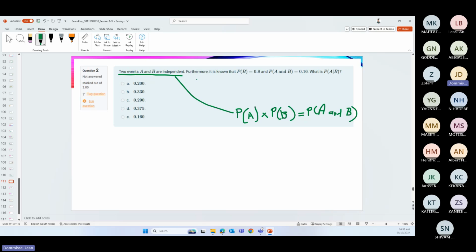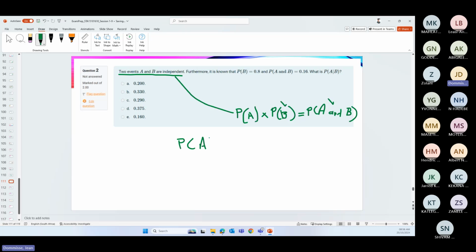So furthermore, it is known that probability of B is something. What is the probability of A given B? Okay, so let's just check.